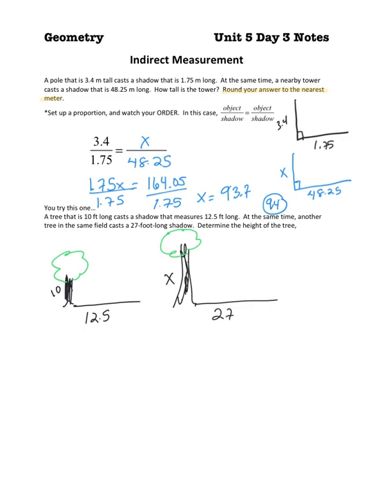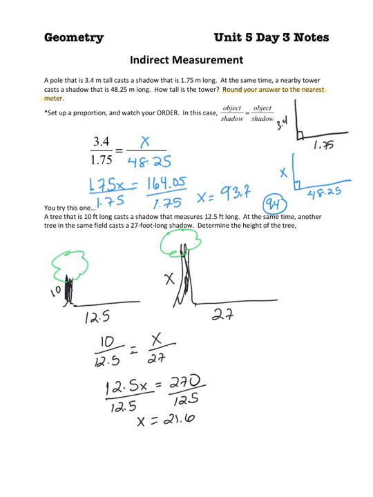So let's set up our proportions. 10 over 12.5 equals x over 27. 12.5x equals 270. Divide both sides by 12.5. x equals 21.6.